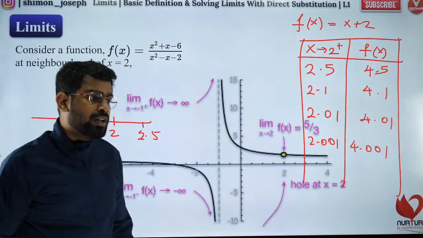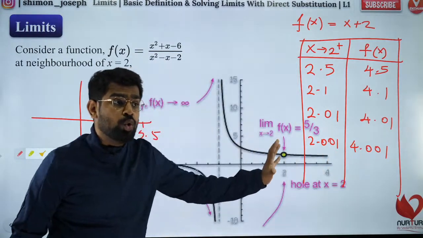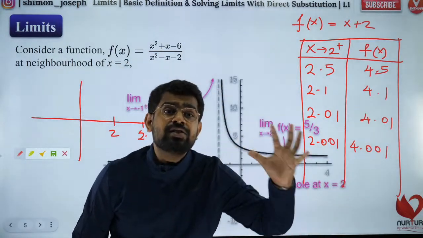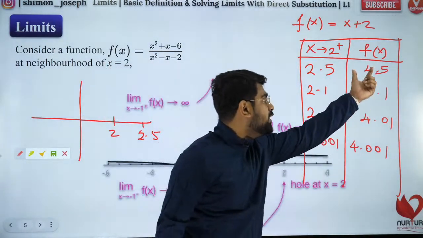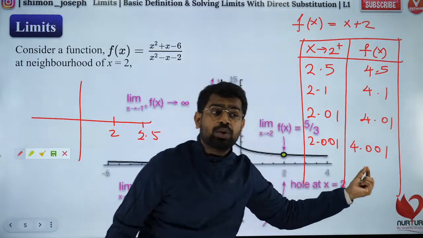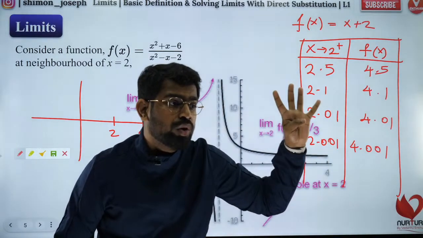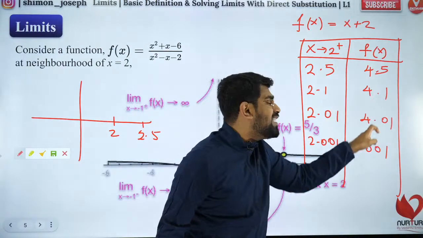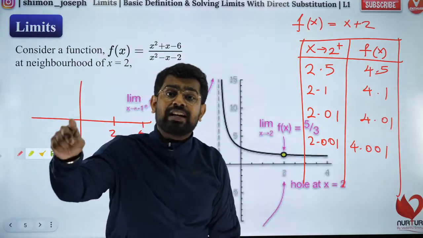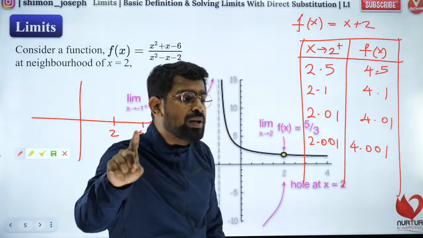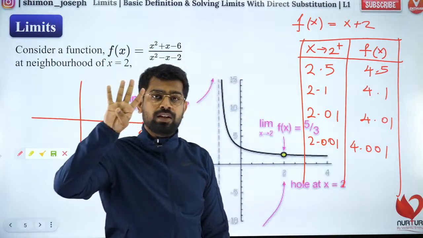Did you all like it? So as I come closer to 2, the functional value is tending to 4. Whatever the functional value tends to, that is your limit. So what is my limit? The limit is 4. Did you guys like it?